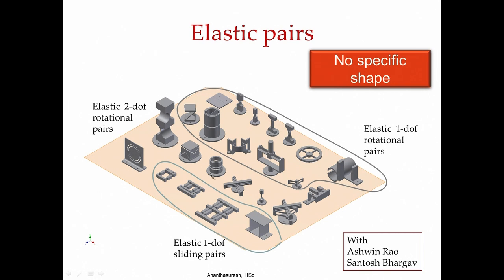These 6 are all going to give you 2 degrees of freedom rotational pair, and all of these encircled ones give you elastic 1 degree of freedom rotational pair, and these are elastic 1 degree of freedom sliding pair. What you need to notice is that there is no specific shape for elastic pairs, unlike it is there for kinematic pairs.